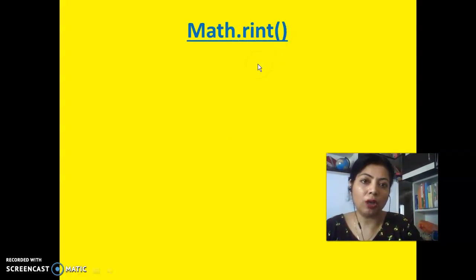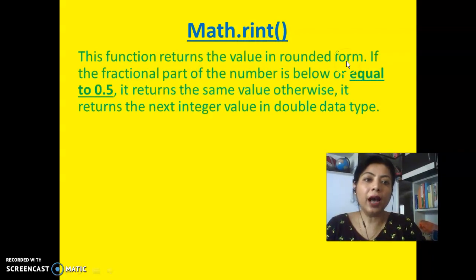Then come to the next function, which is Math.rint, R-I-N-T. The only difference between Math.round and Math.rint is this: in Math.round it follows our rule, that means 0.5 or more we increase.